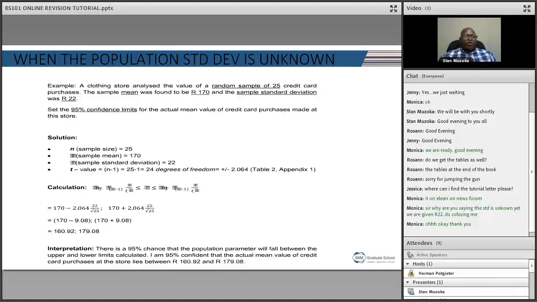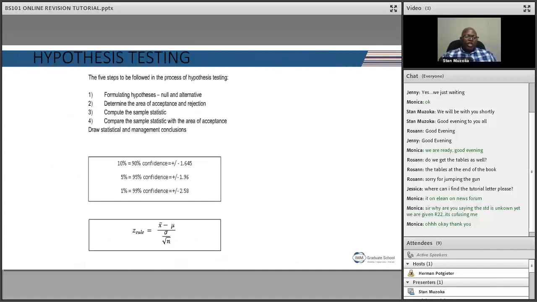We are 95% confident that the credit card purchases will lie between 160 Rand 92 cents and 179 Rand 8 cents. That is our conclusion. Please be very careful about how to conclude. The interpretation of the calculation is very, very important.